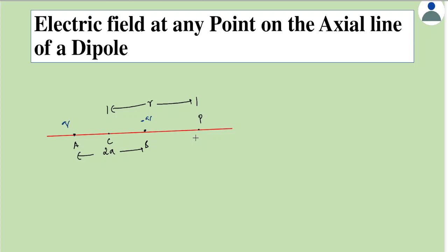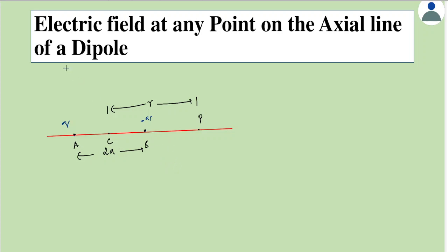We learnt in the earlier lectures that the charges kept at point B and point A would create their own fields, and we need to add them by vector addition, which is called the principle of superposition of vectors. Now here, let's first find the field which the charge at point B creates.